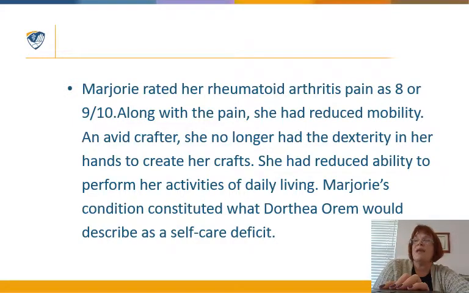So between the pain and not being able to do her crafting, her quality of life was going down. Her condition constituted what Dorothea Orem, the nursing theorist, would describe as a self-care deficit.